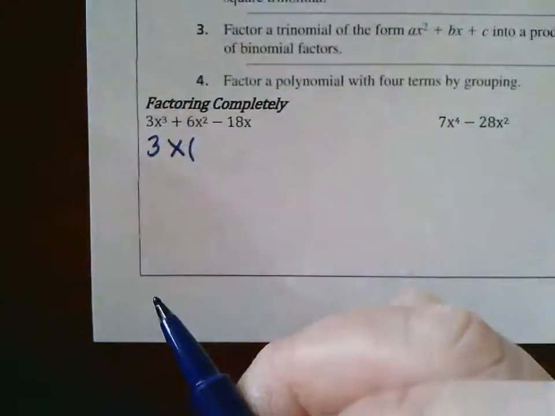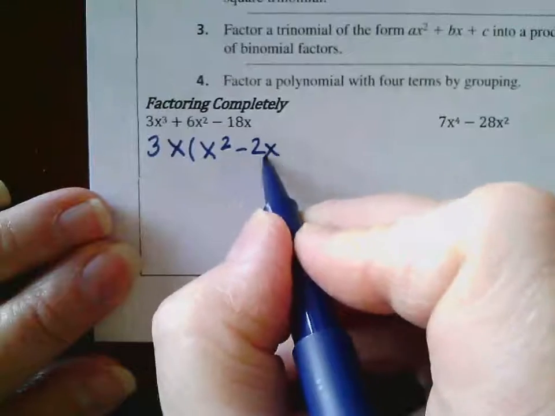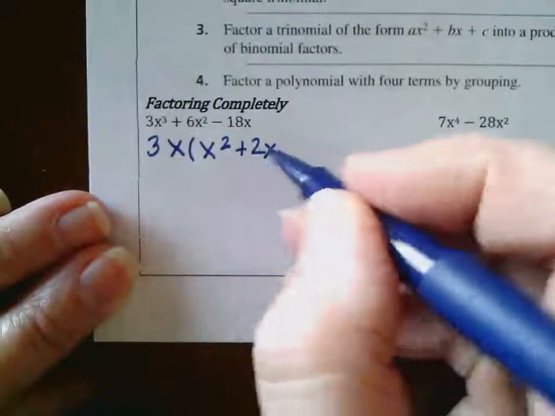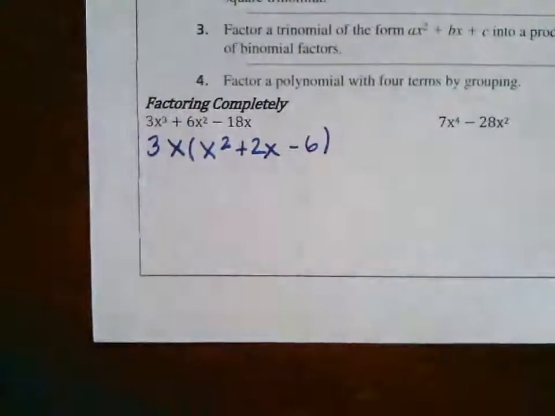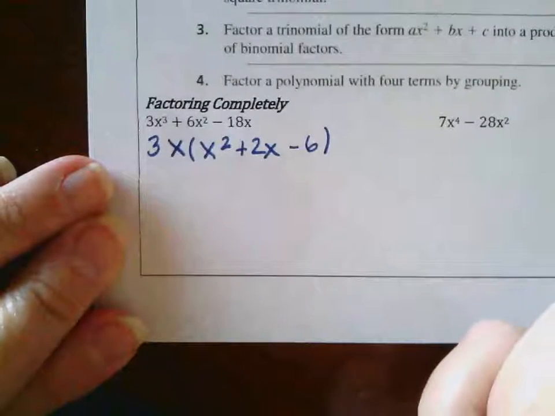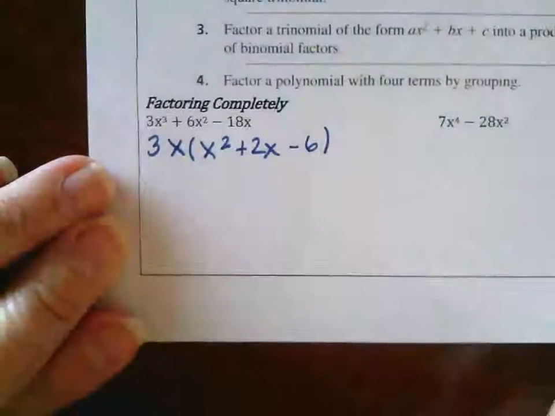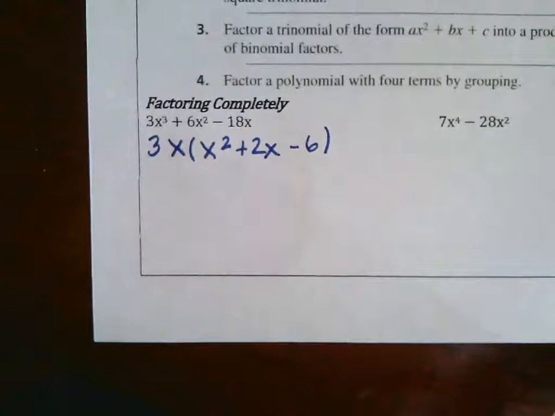Once I do that, I get x squared minus 2x plus 2x minus 6. That's as far as I can go with that. I don't have two numbers that multiply to equal -6 but add up to equal 2. So recognize that that's as far as you can go with something.